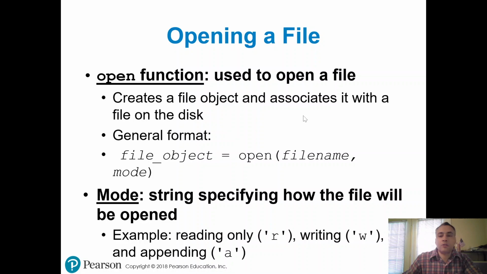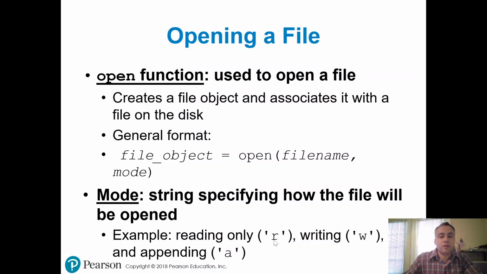So the open function is used to open a file. In fact, it is creating a file object. File underscore object is a name of the variable, which is now storing the file object. And we are creating it by open, file name, and mode. There are many modes.